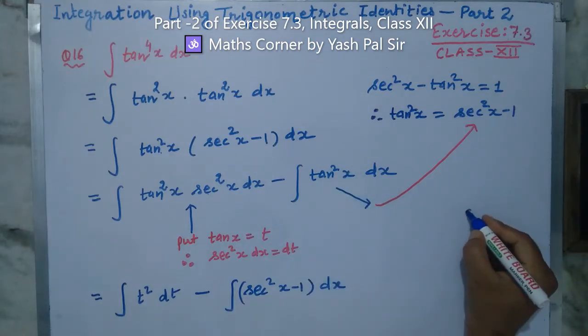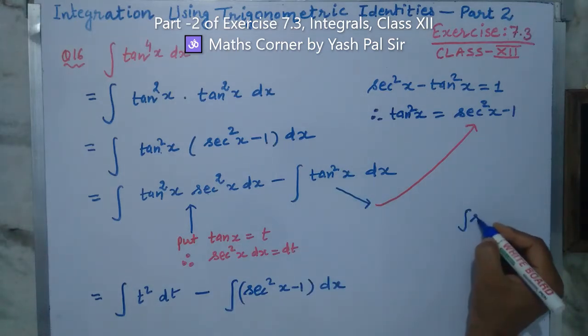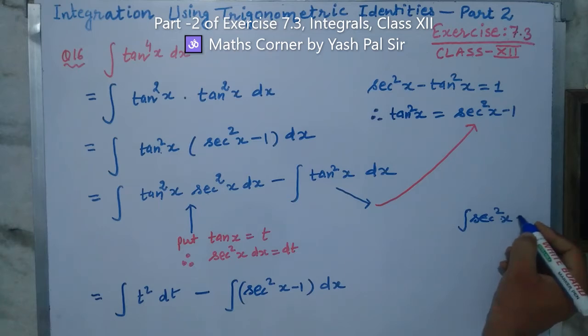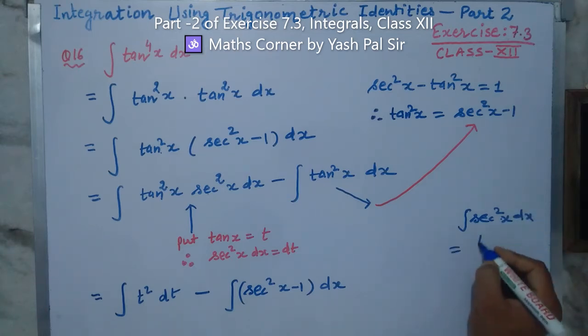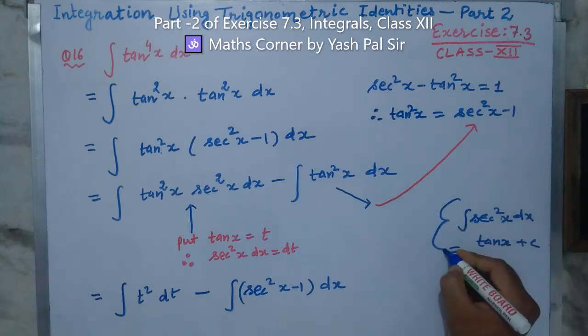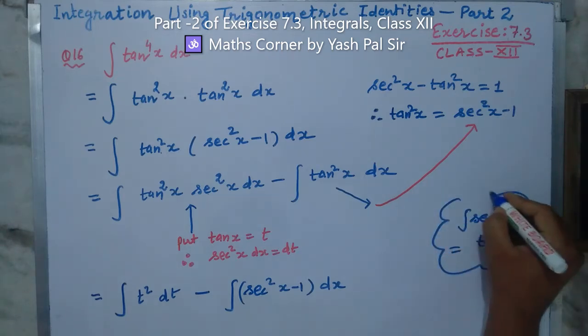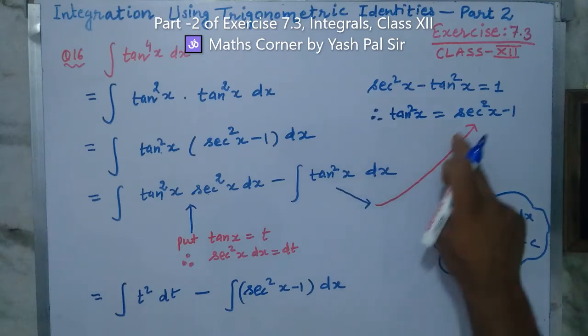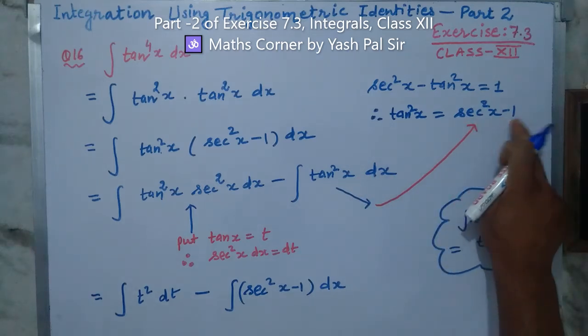Now we can find the integration of secant square x, which is equal to tangent of x plus c. So we have converted this tangent square x into secant square x minus 1.